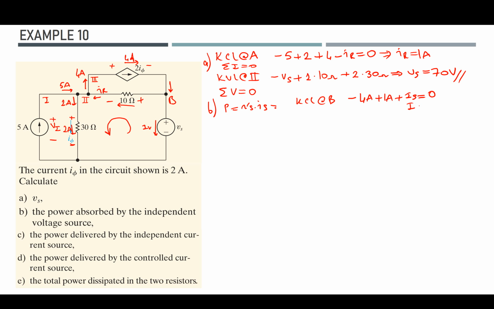From here, Is is calculated as 3 amps. So since the Vs is 70 volts and the Is is 3 amps, I'm going to get 210 watts of power dissipated.